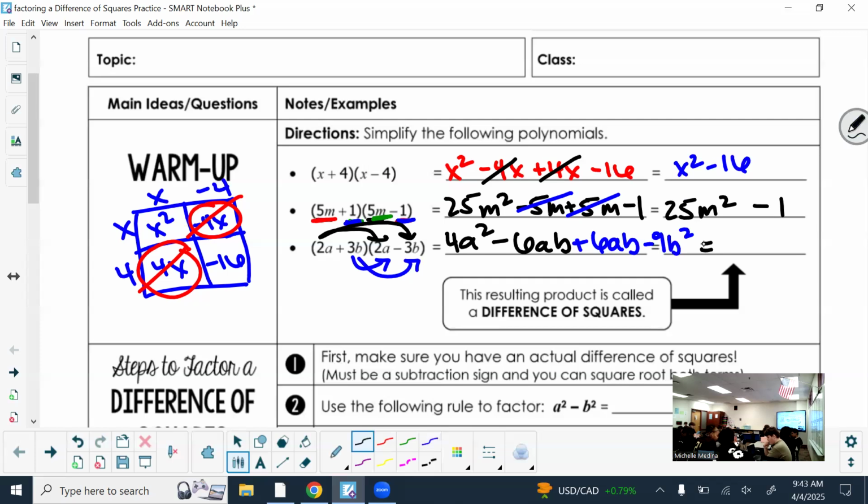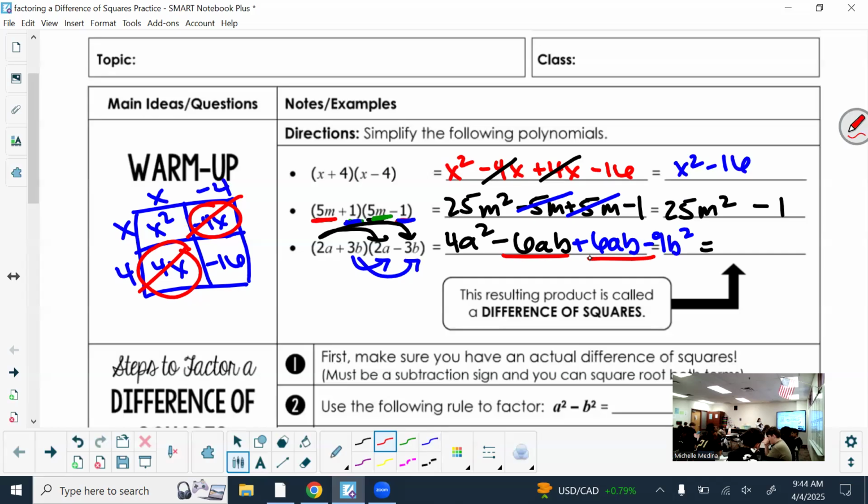All right. Well then, at this step, are there any like terms to combine? Do I have any variables that are exactly the same? Yeah, I have 2 terms with A and B, like A to the first power, B to the first power. So these are like terms.